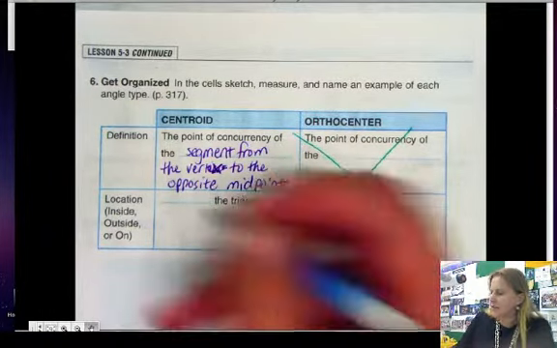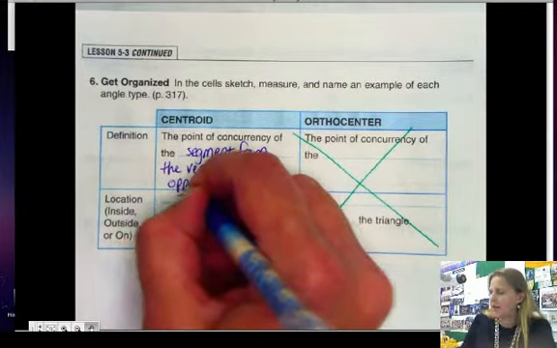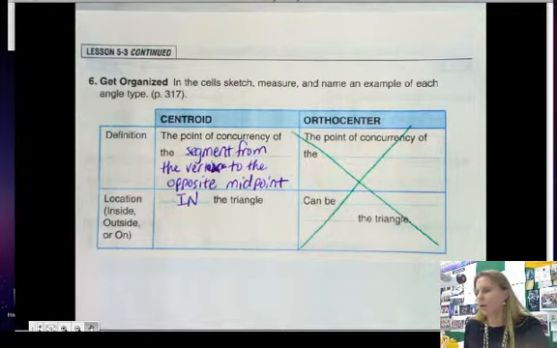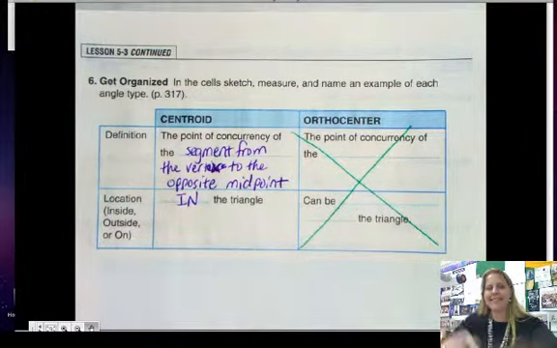And the centroid is always in the triangle. It'll never be on or out. Okay? And that's it. Thanks for watching.